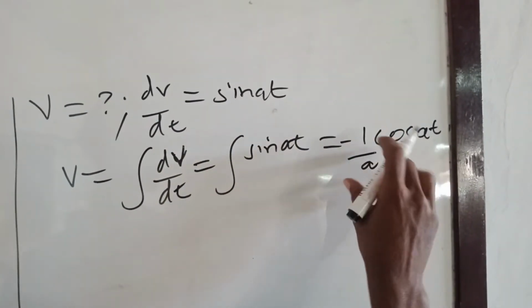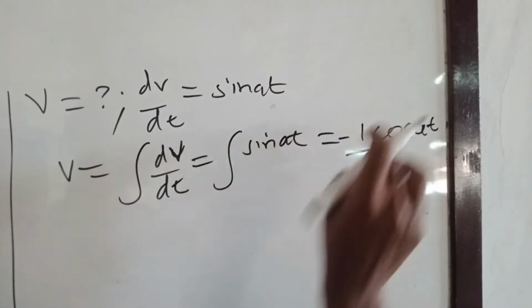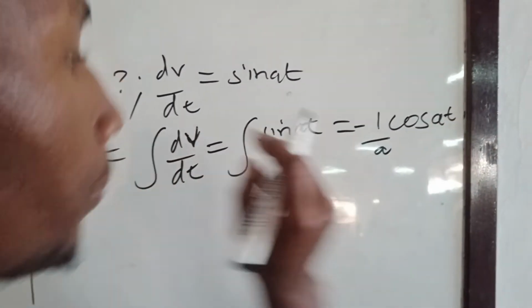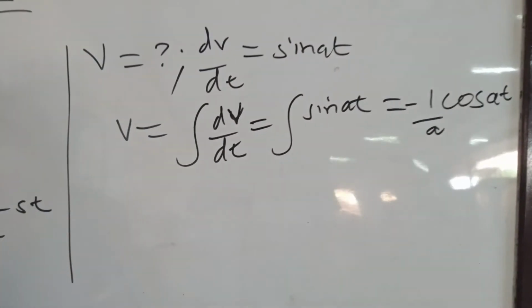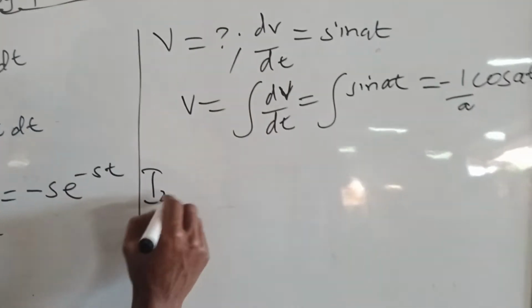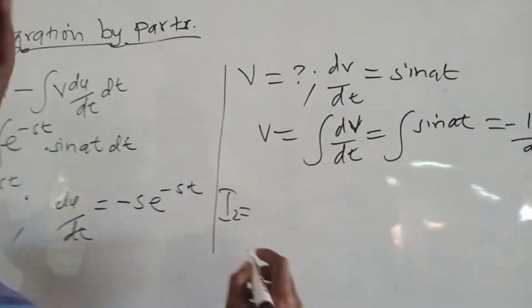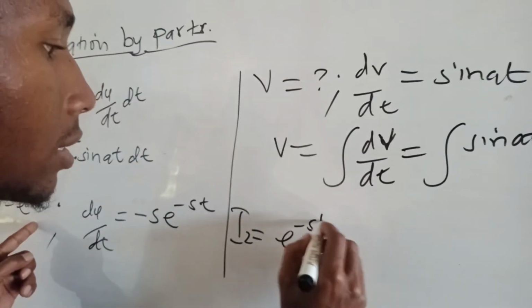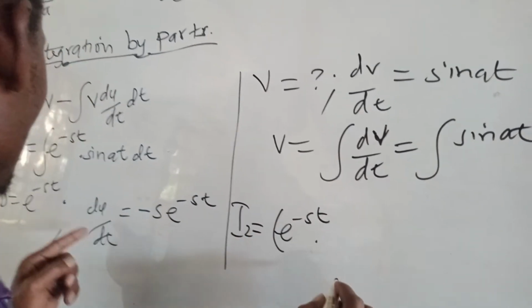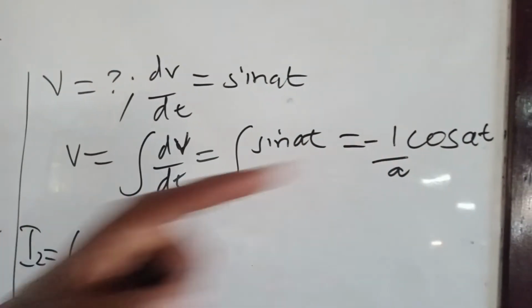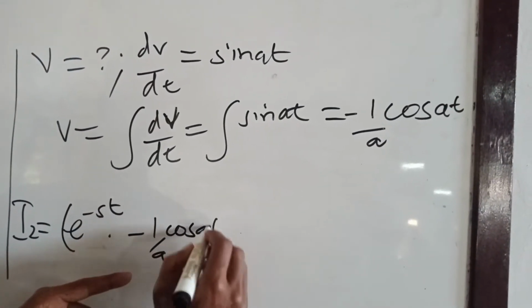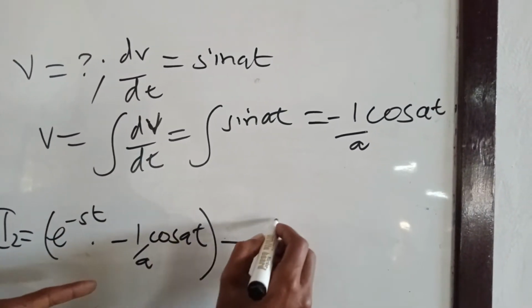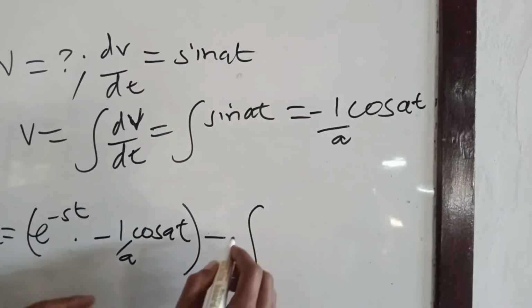It becomes a negative fraction of the value that is attached to t. And now we come down to combining the equation. So I2 is equal to u, which is e to the minus st, multiplied by v, this one here, negative 1 over a cos at, subtract, integrating.